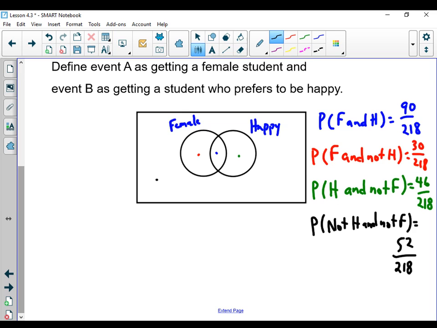Usually it's going to be a little bit better if we use decimals. So I'm going to do 90 out of 218, see what that is. Well, that's 0.41. So I'm going to go in the middle section. 30 out of 218 is, I rounded up, 0.14. 46 out of 218 is 0.21.